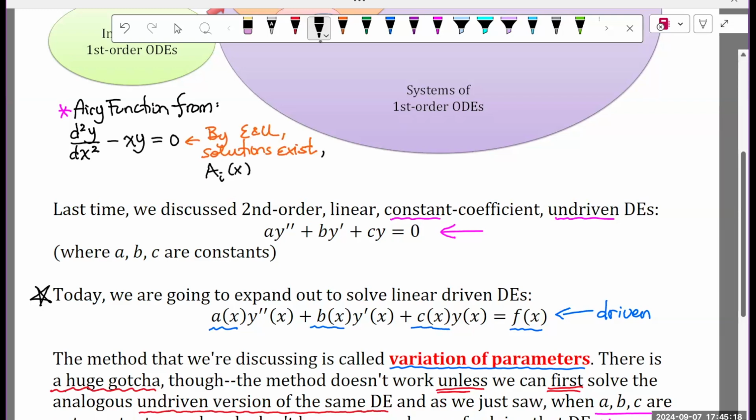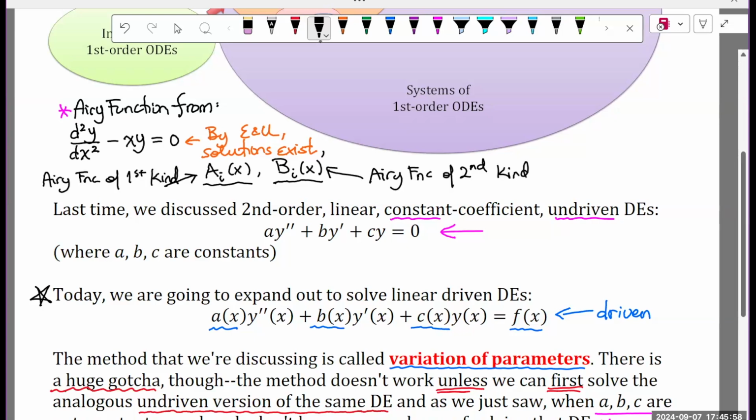We'll call one solution A sub I and one solution B sub I. It turns out A sub I is the Airy function of the first kind, and B sub I is the Airy function of the second kind. But why do we need to name them generally like this? Because this ODE, as simple as it seems, linear and homogeneous, is non-constant coefficient and therefore does not have an easy to find closed form solution.